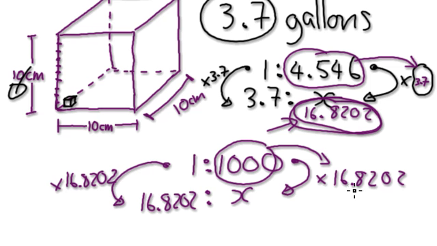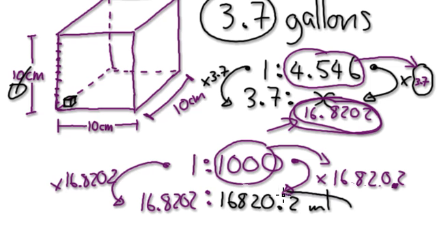When we times 1,000, we just move the decimal to the right: 1, 2, 3. So the decimal will be right here, the new decimal. So x equals 16,820.2 milliliters.